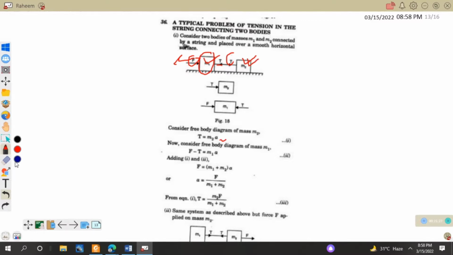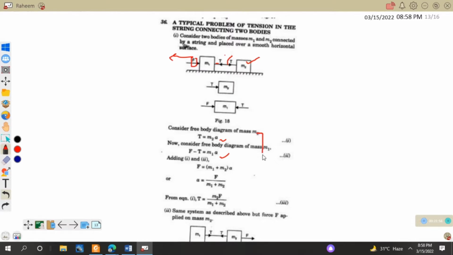But in this case for m1 we have the applied force. This was mistakenly written. In this case this force is actually in this direction, so this F is on the left and this tension is on the right. So F minus T will be equal to m1 into a, and this tension is equal to m2 into a, because no other forces are acting on this body.